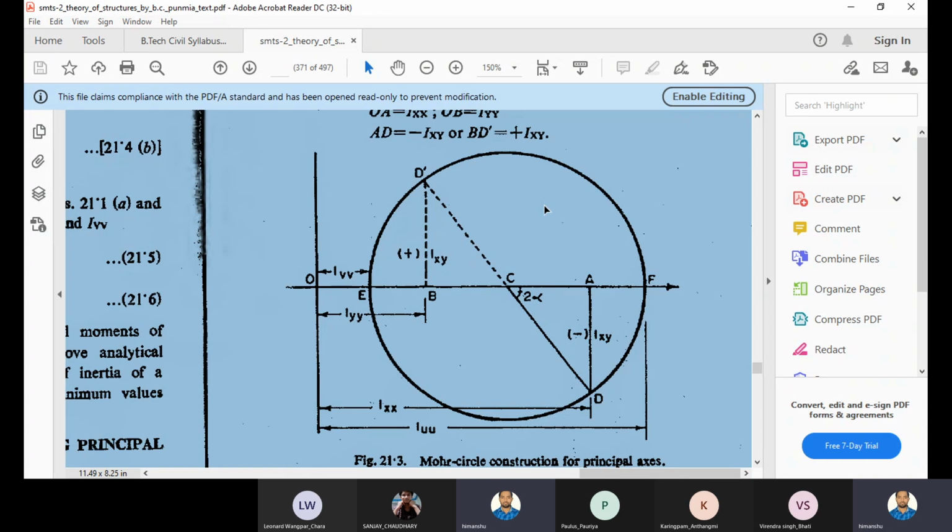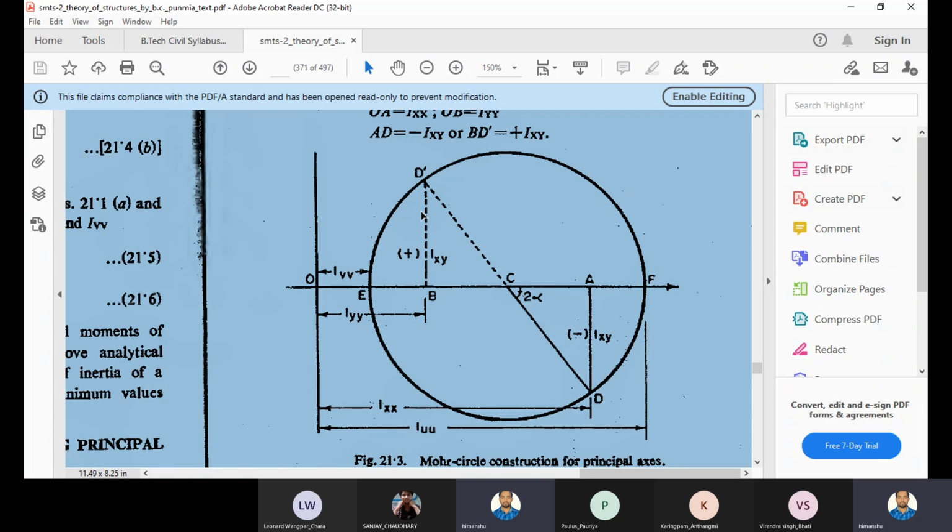The point at which the circle coincides the first time is IVV, and this point is IUU. So the diameter of the circle can be found by IUU minus IVV.